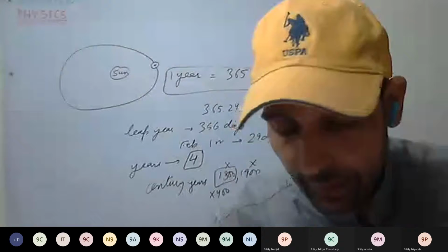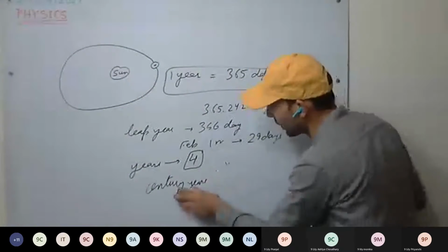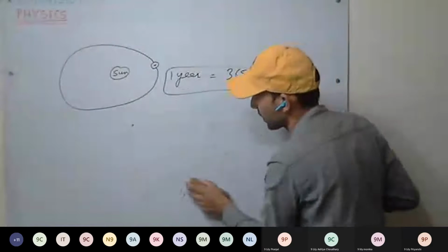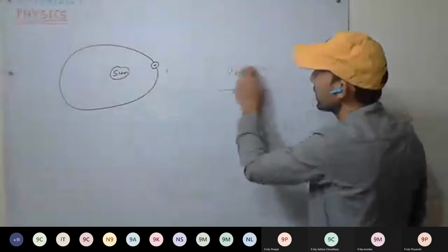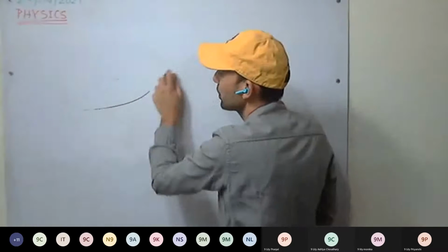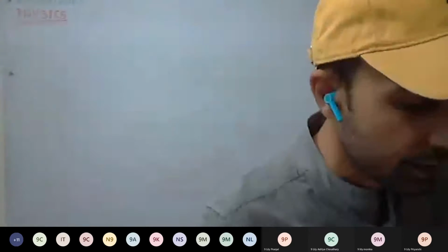Next bigger unit is decade. One decade equals 10 years. One century equals 100 years. They are bigger units. Even bigger is the millennium. 1 millennium is 1000 years.